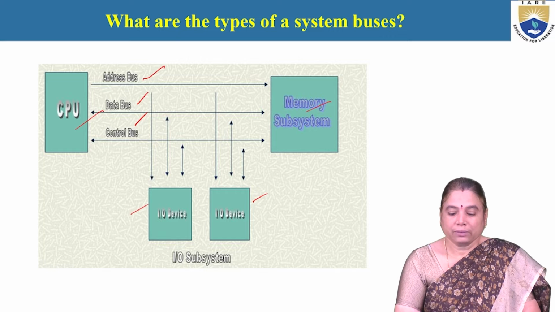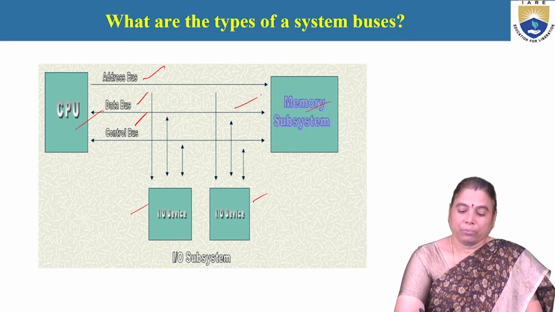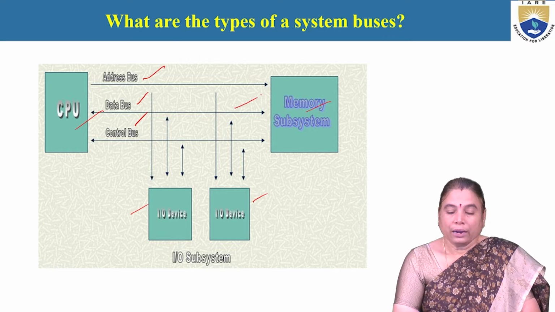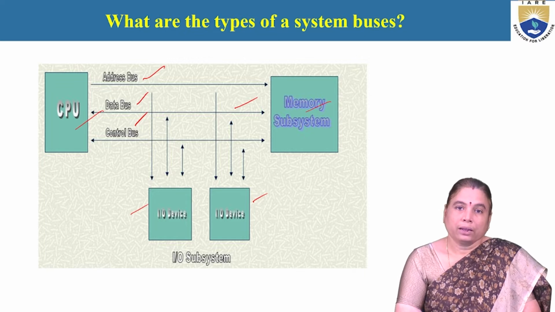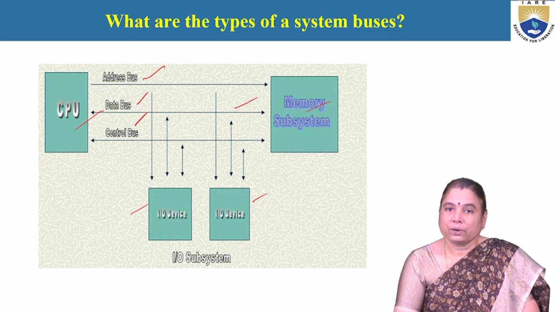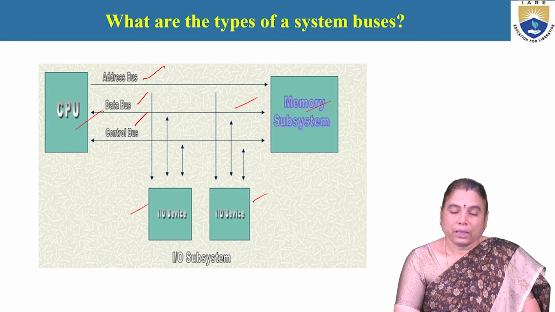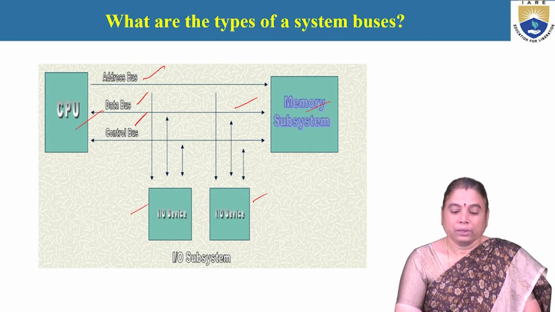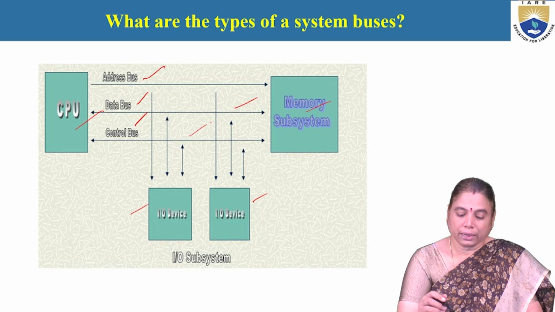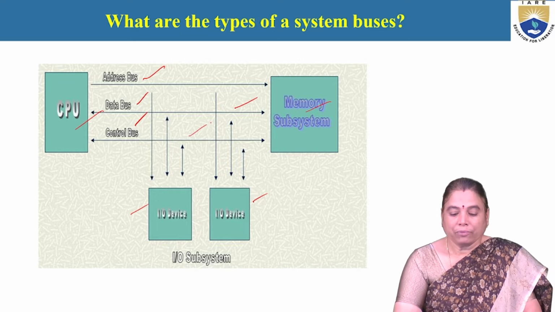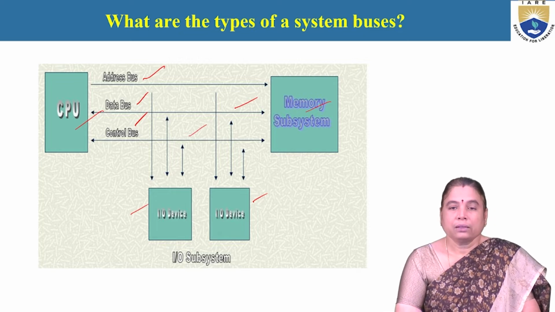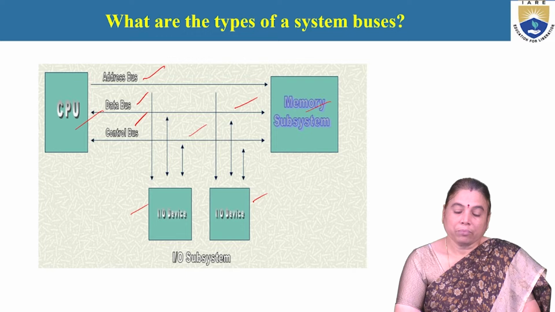So the data bus is bidirectional, and the control bus carries the control signals like read, write, memory function complete. These signals can be traversed with the help of the control bus. The control bus is bidirectional. So the I/O devices can connect with the CPU and memory system with the help of the system bus.